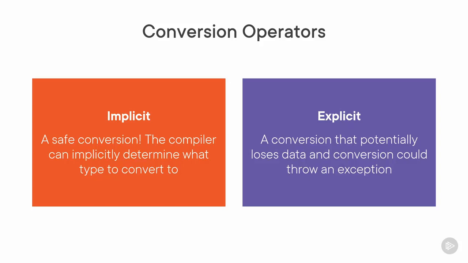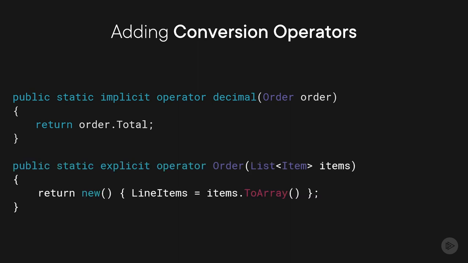On the other hand, you can require that the type is cast explicitly. This will then also mean that you do not guarantee that it will always work, and that data can be lost. This is why there are two additional keywords, implicit and explicit, that are both used together with the operator overload that we've been looking at.